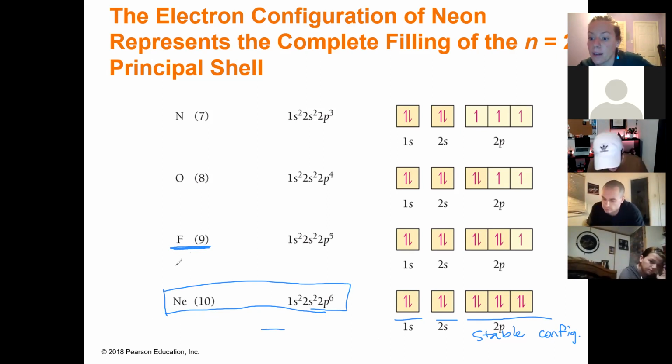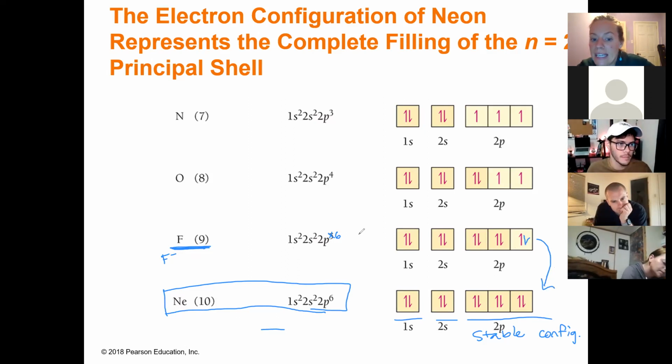Hopefully you have a -1 there, because fluorine predictably likes to eat 1 electron. Well, why would it eat 1 electron? Well, look what happens. If we add an electron to fluorine's configuration, what happens to the 5? It becomes a 6, and it looks something like this. The electron configuration now looks like a noble gas.